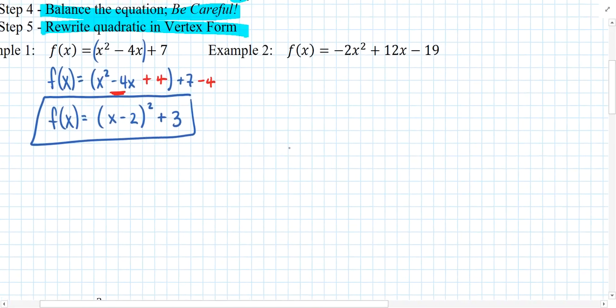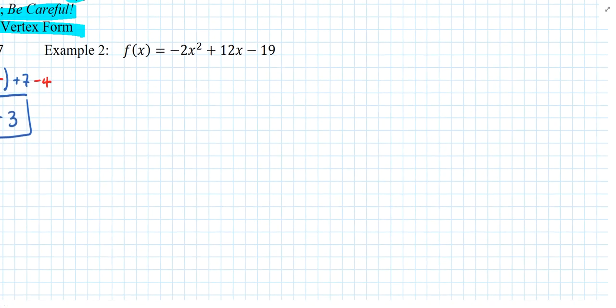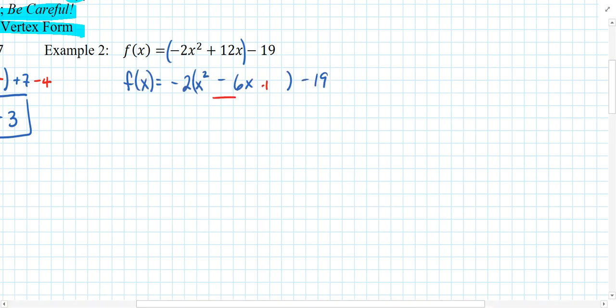In example 2, after grouping the first two terms, we should factor -2 from the first two terms. And after completing the square, we should add 18 to the outside of the grouping symbol.